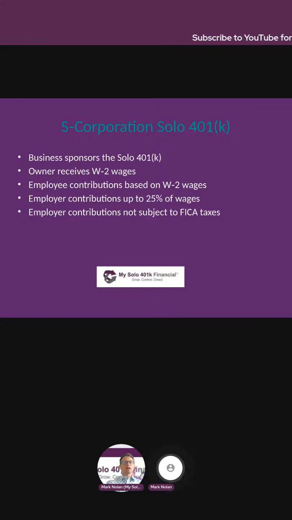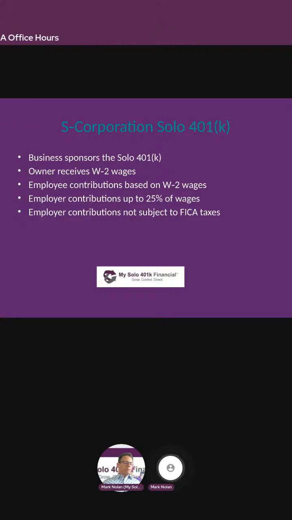So if you pay yourself, let's say, $24,500 of W-2 wages from your S corporation for 2026, you can contribute that entire $24,500 as an employee pre-tax solo 401k contribution, or you can choose to make it as an employee Roth solo 401k contribution.